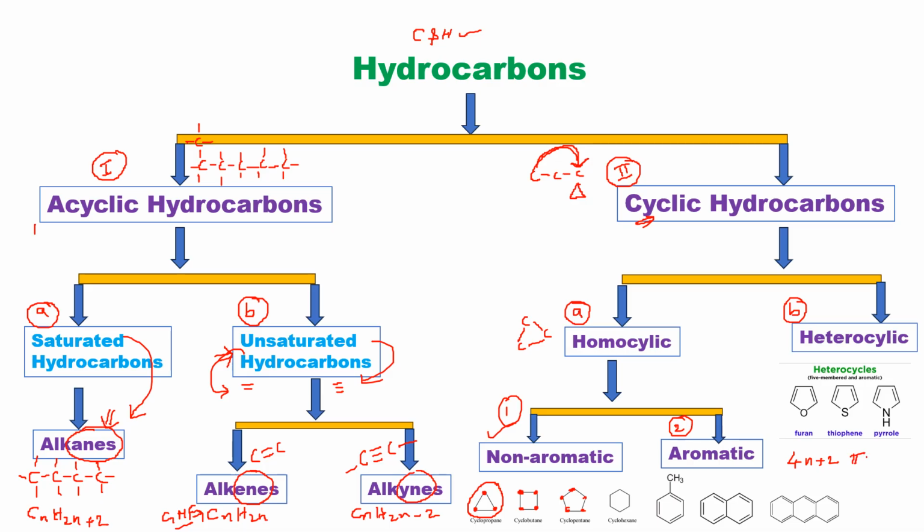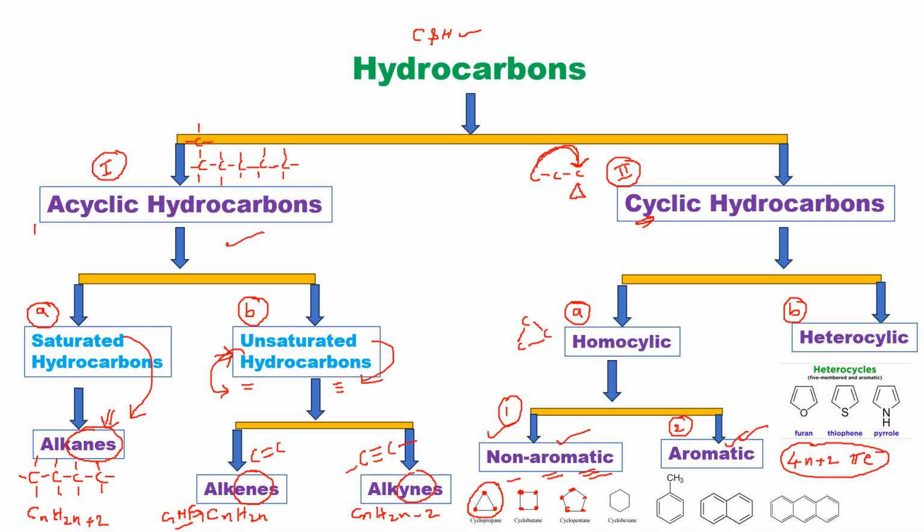If it contains 4n plus 2 pi electrons, we call it aromatic. If it does not obey Huckel's rule, we say it is non-aromatic. Aromatic compounds we call arenes. Non-aromatic compounds contain single bonds, double bonds and triple bonds, but do not obey 4n plus 2 pi electrons.